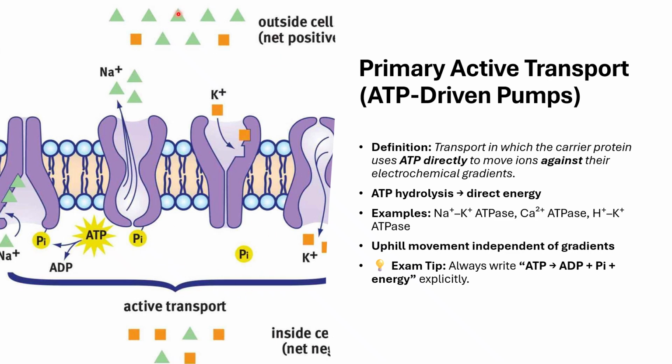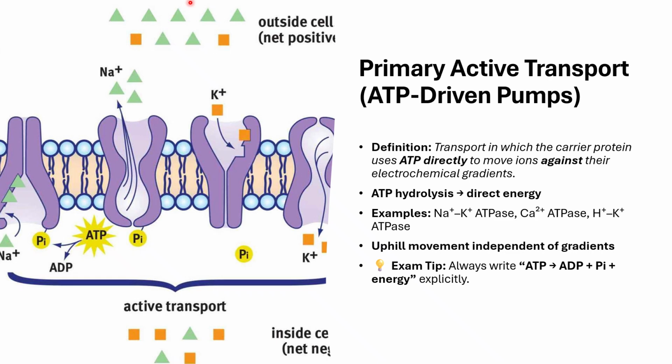Now, in other words, ATP supplies energy on the spot, and the pump converts energy into movement. When ATP breaks down into adenosine diphosphate and a phosphate ion, the energy released is transferred to the pump, often through phosphorylation.